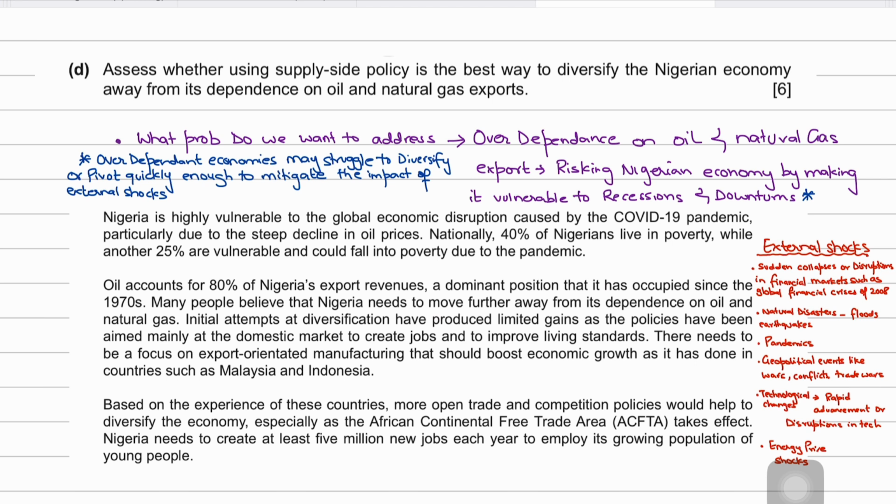Now, you will not get marks unless you explain how those supply side policies will reduce the dependence on oil and natural gas exports for Nigeria, because that is the key thing the question is asking you. Here you need to not just explain supply side policies, but explain how those supply side policies that you are mentioning in your answer scripts will reduce that dependence that Nigeria has had for a long time on oil and natural gas exports.